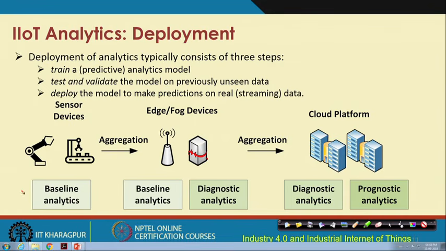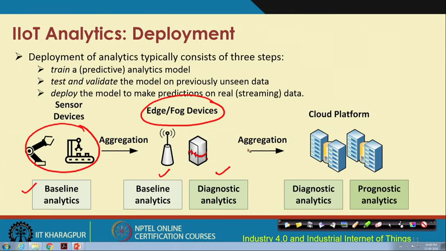You have baseline analytics from these different machines, these sensor devices. This baseline analytics will be done over there very fast, data will be aggregated, and then at the gateway devices or edge or fog devices, which are network equipment close to this machinery, some baseline analytics in combination with diagnostic analytics will be performed.